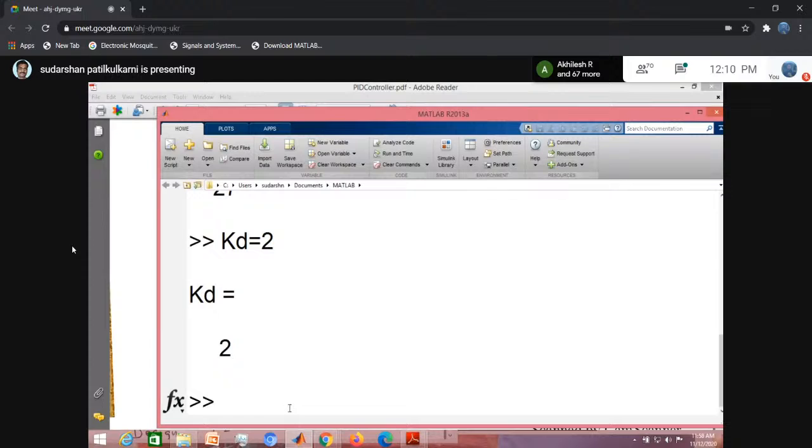Kd equal to 2, Kp equal to 26, Ki equal to 225.